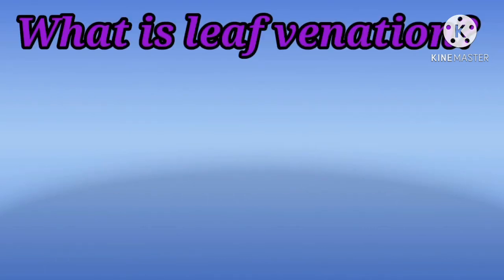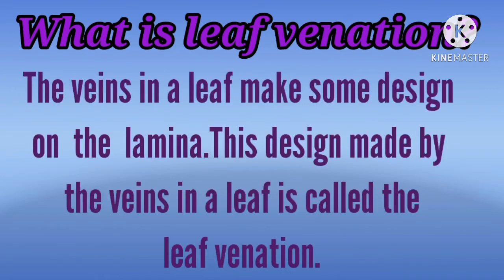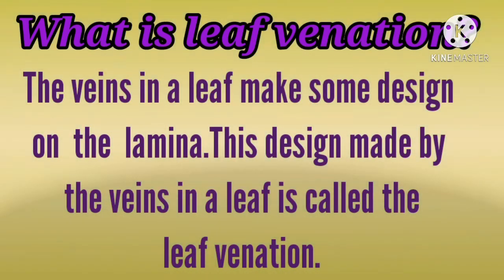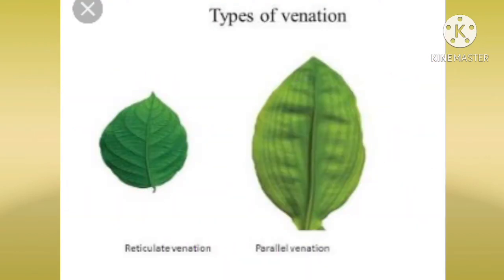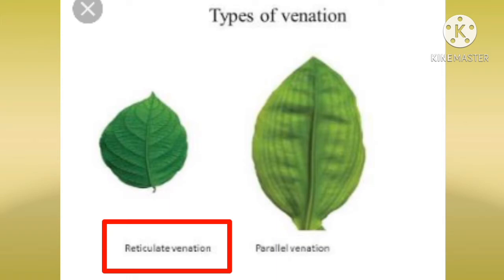Now, let us see what is leaf venation. The veins in a leaf make some designs on the lamina. This design made by the veins in a leaf is called the leaf venation. There are two types of leaf venation. They are reticulate venation and parallel venation.